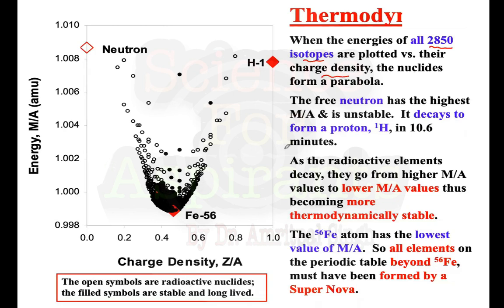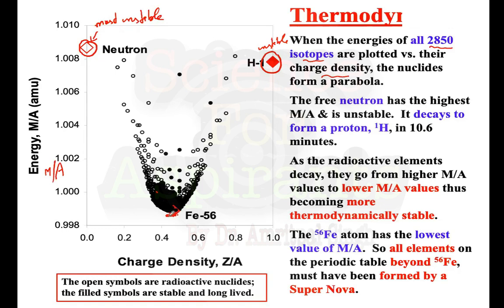They have plotted the free neutron, and you can see that the free neutron is the most unstable nucleus, and the proton is also considered unstable. The more the graph is towards the lower value of M over A, the higher is its stability.